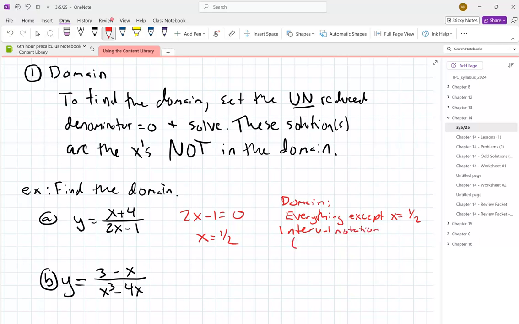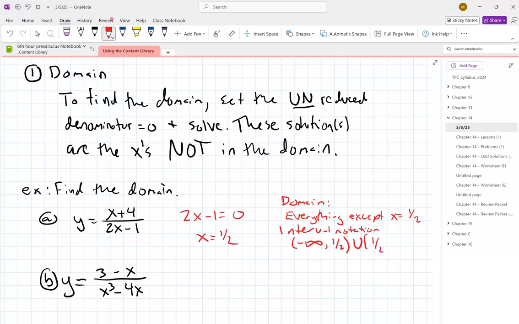So if we have everything except for 1/2, we need everything before 1/2 and everything after 1/2. So the numbers before 1/2 are going to start at negative infinity and then go up to 1/2, and I'm going to use a parenthesis on the 1/2 to indicate that we're not including 1/2. And the numbers after 1/2 are going to start at 1/2.